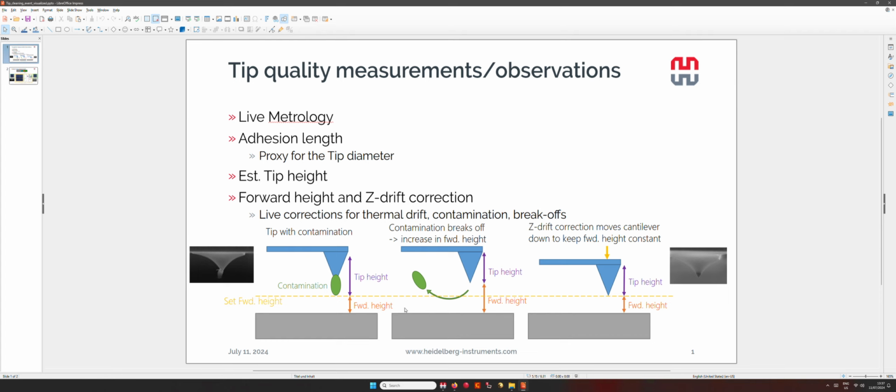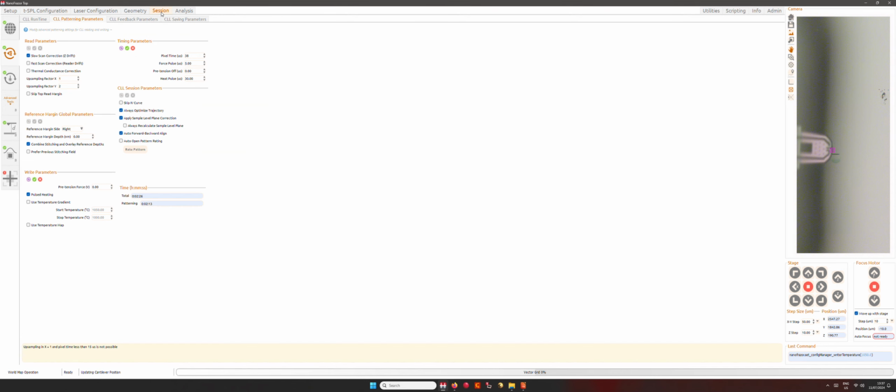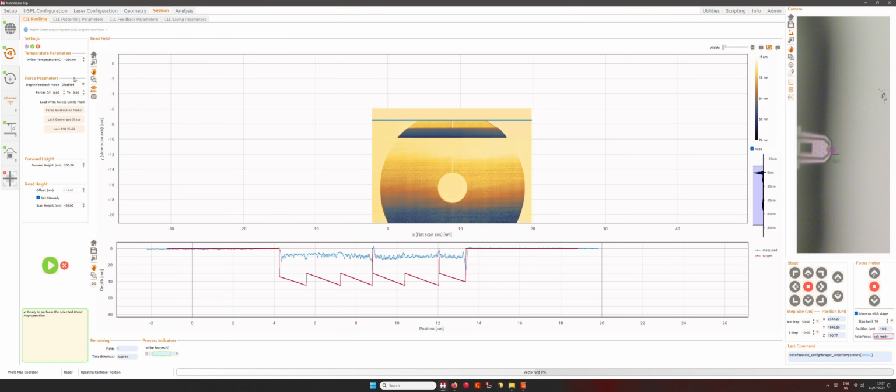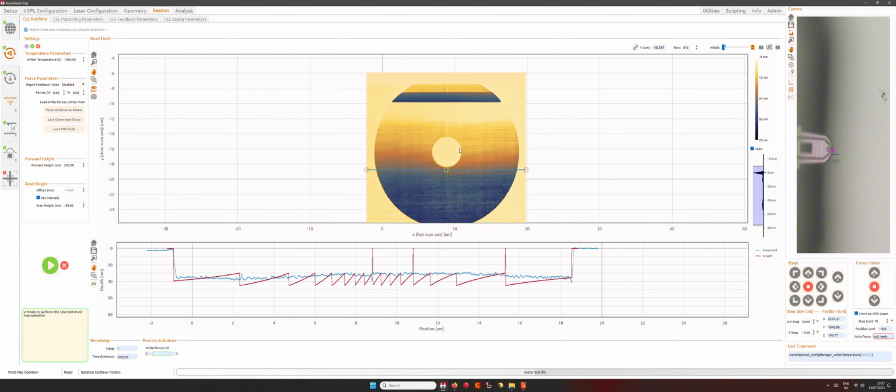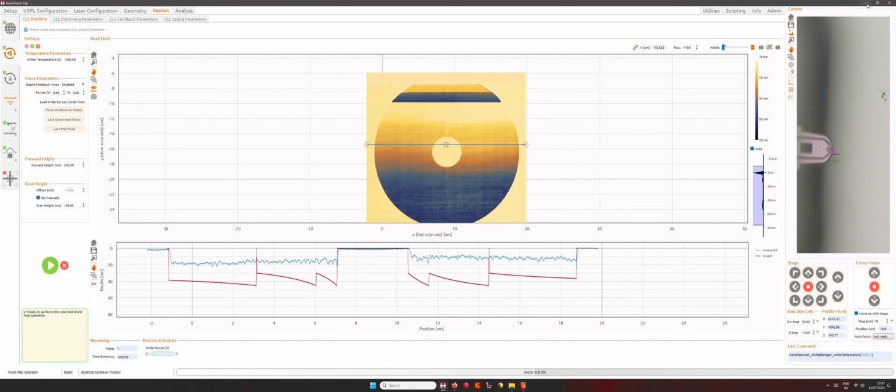Therefore, the forward height is not the forward height that we set from the software, because let's not forget that the forward height that we set here is a fixed value. So this is going to be kept for all the lines that we write.